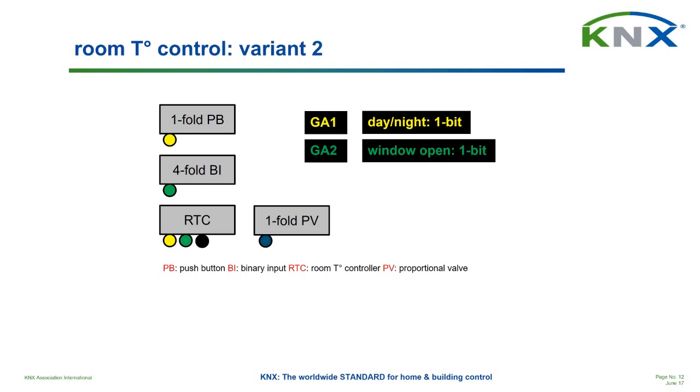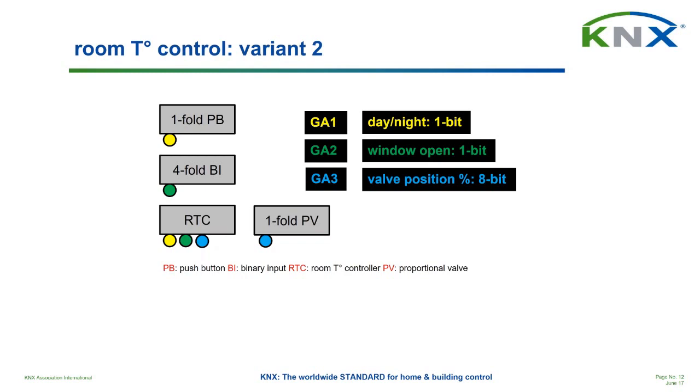And then, of course, we still need a link between the RTC and the valve actuator. As I said, this time a bit different: instead of switching, we will use a specific valve position, expressed in percentage, which is 8-bit information, or encoded as 8-bit information.